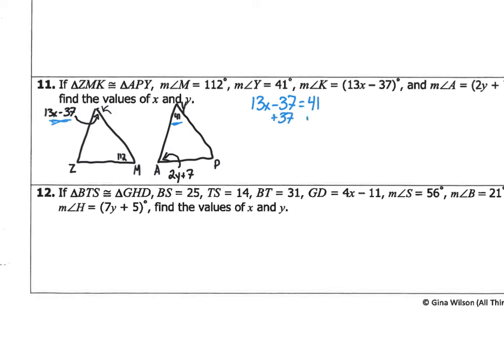We'll add 37 to both sides to get the 13x by itself. That'll go 78 divided by 13. 6.